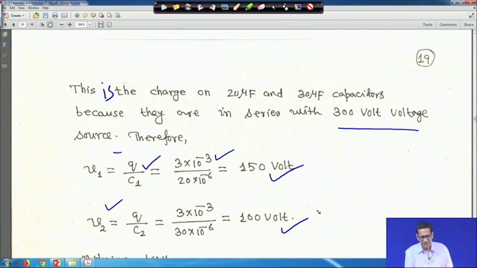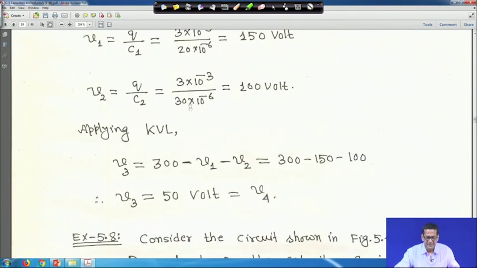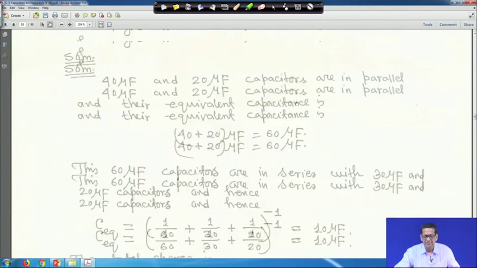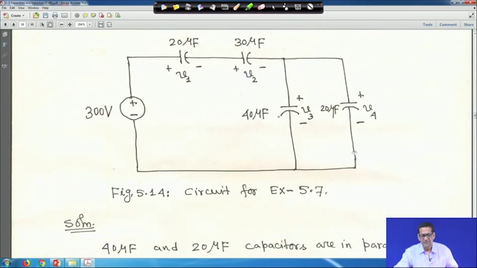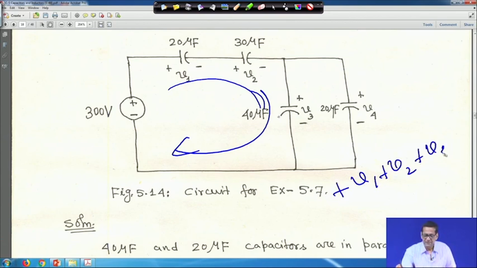V3 and V4, right. You can apply KVL also. So, note that applying KVL in this circuit, I am moving clockwise. So, it will be plus V1 plus V2 plus V3 minus 300 is equal to 0.